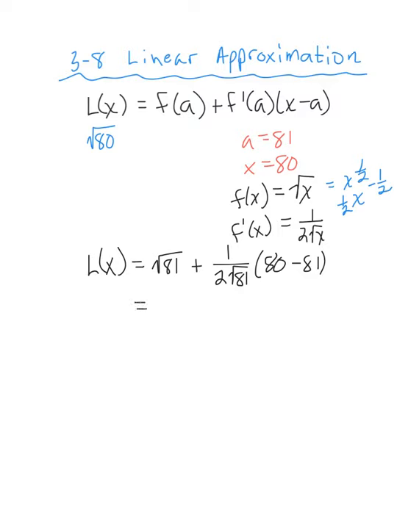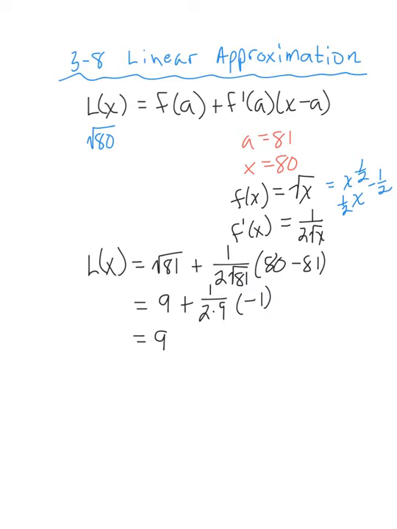So we get square root of 81 is 9, plus 1 over 2 times square root of 81 is 9, times 80 minus 81 is negative 1.